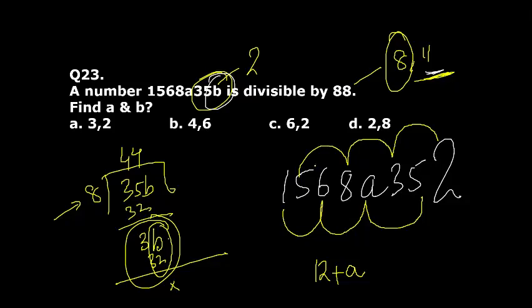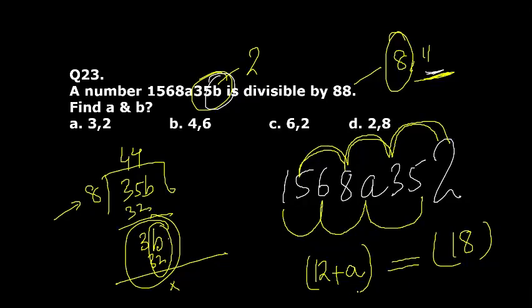Add these alternate values. 5 and 8, 13. 13 and 3, 16. 16 and 2, 18. So for these two numbers, their difference should be 0. It means they should be equal. So what should A be? What should we add to 12 to get 18? A should be 6. So A is 6 and B is 2. Right?